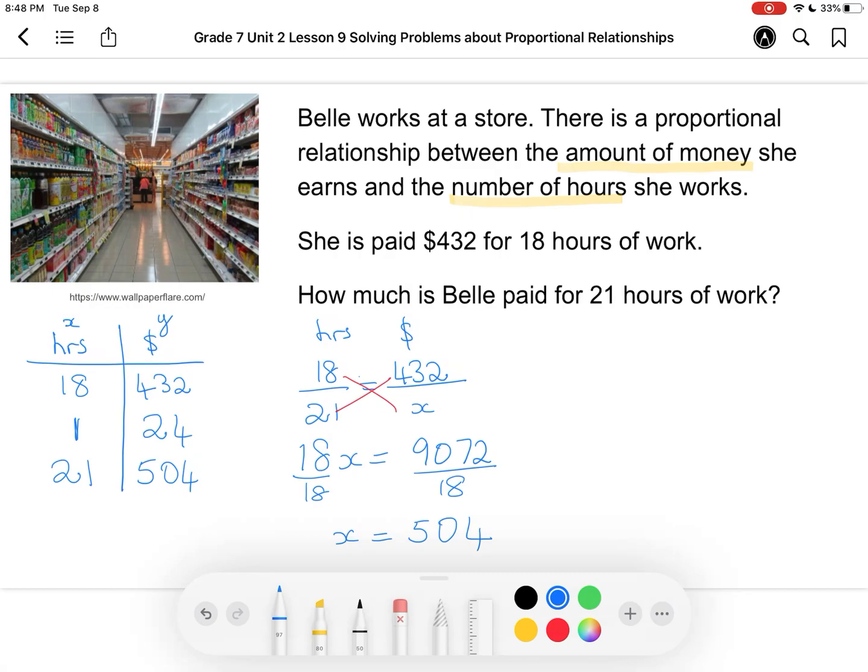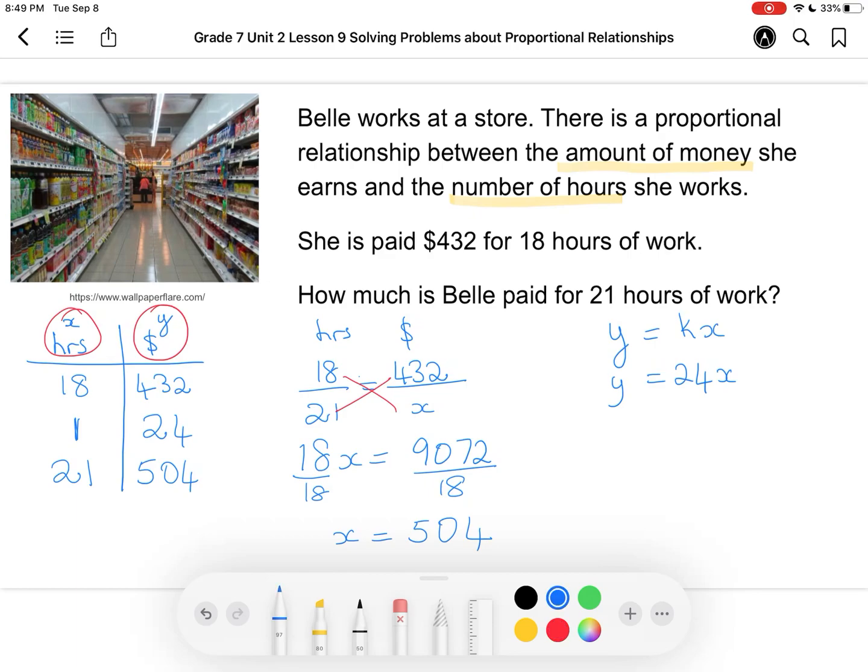And a third way I could solve this is using an equation of the form y equals kx. And k is the constant of proportionality, so I know that's 24 from the table. So y equals 24x, where y represents the amount in dollars, which I also set up in the table, and x equals the number of hours.